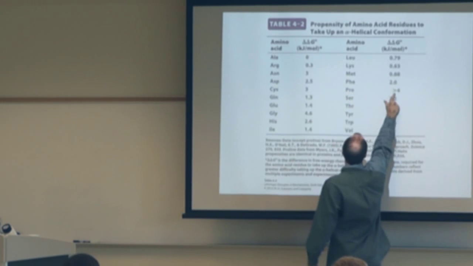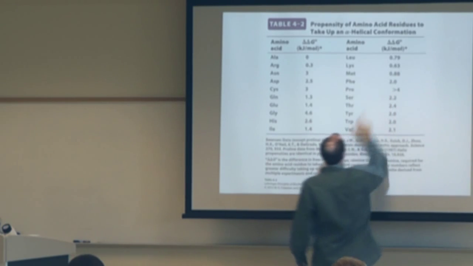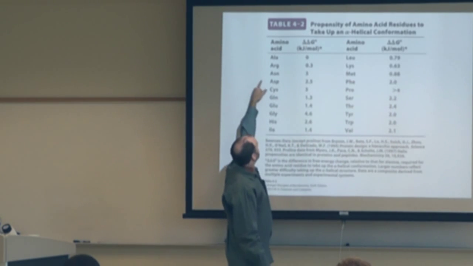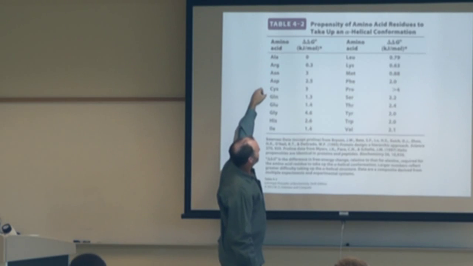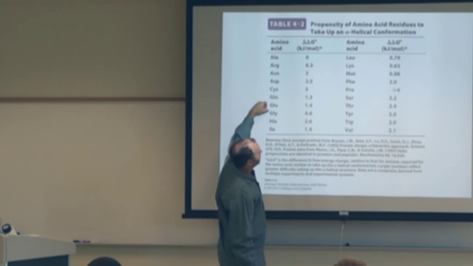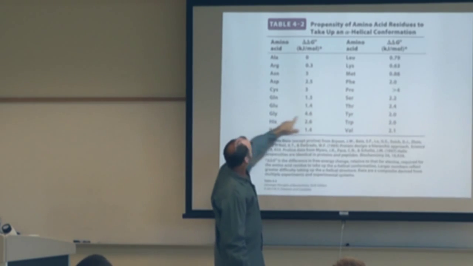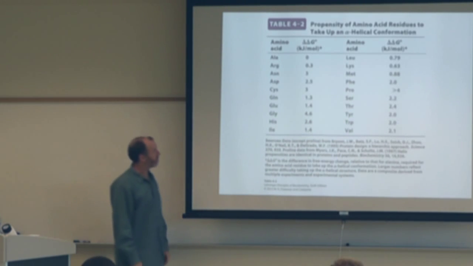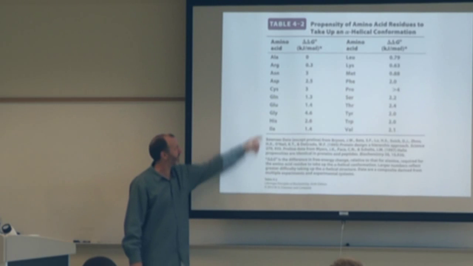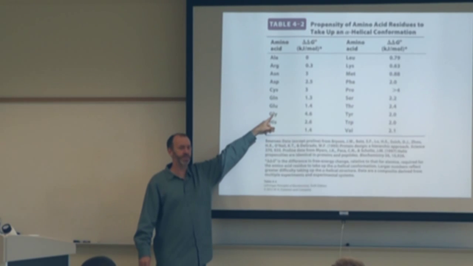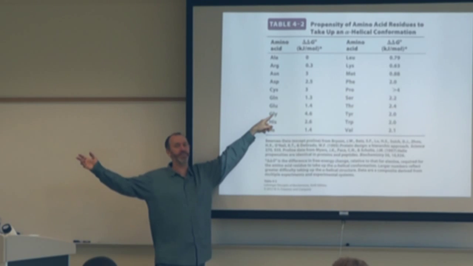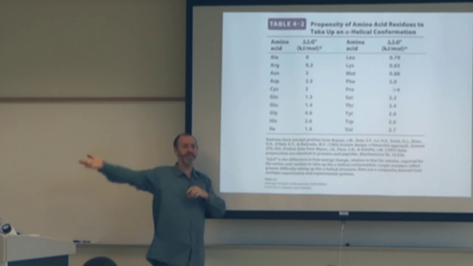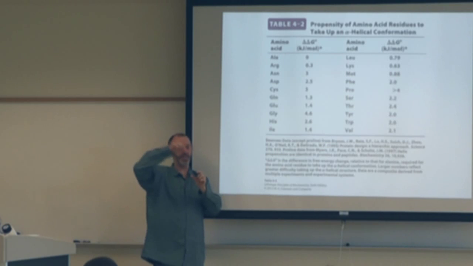Proline obviously is not, it's got a greater than 4 delta G. And remember alanine and some of the others were likely to, obviously glycine is not. You'll often see glycines at turns and whatnot also. Anybody know why you might see glycine at a turn or a bend? It's the smallest amino acid, so it's only got a hydrogen for the R group, so it's not going to sterically inhibit a tight turn.